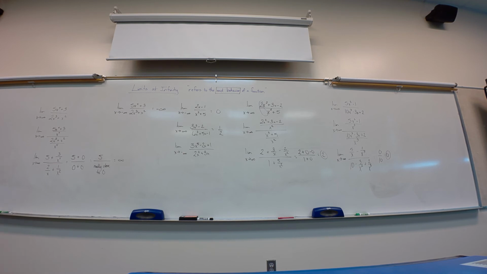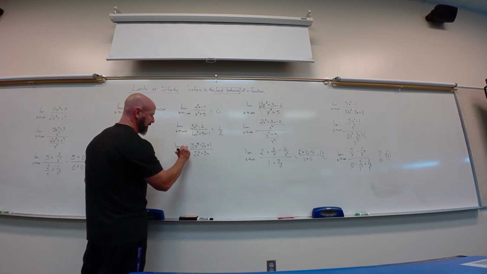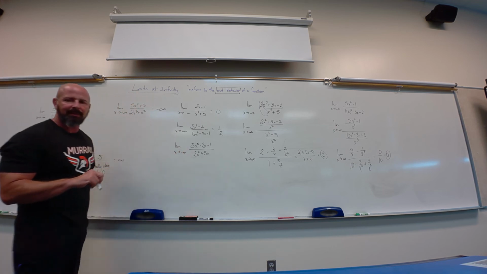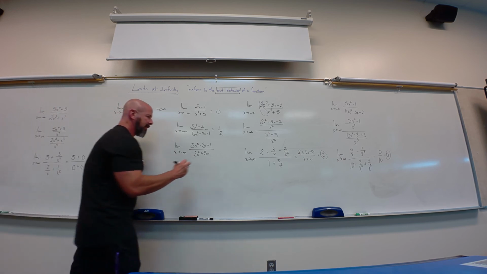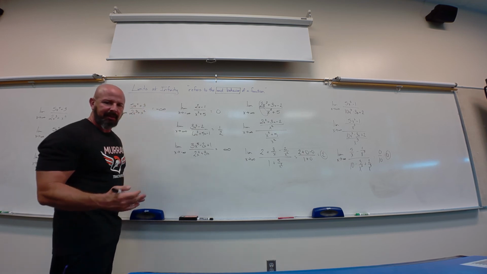Since that top power is larger, there is no horizontal asymptote, and that's okay. That means my graph is going up or down or oscillating. This is not an oscillating function. It's not a sine or cosine or anything like that. So that means my answer is either infinity or negative infinity. It's one or the other.